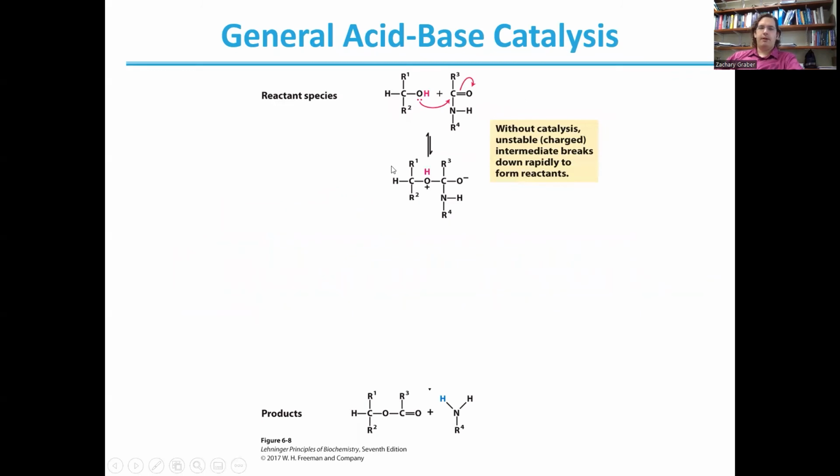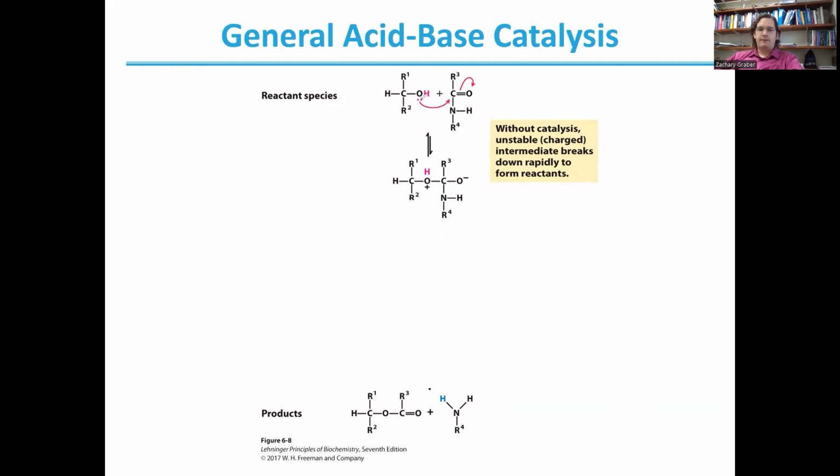So here's an example of what a general acid-base reaction might look like. So here we have our reactant species. We have an alcohol that's attacking an amide to do a nucleophilic acyl substitution, right? So our alcohol is replacing the amine to form an ester.